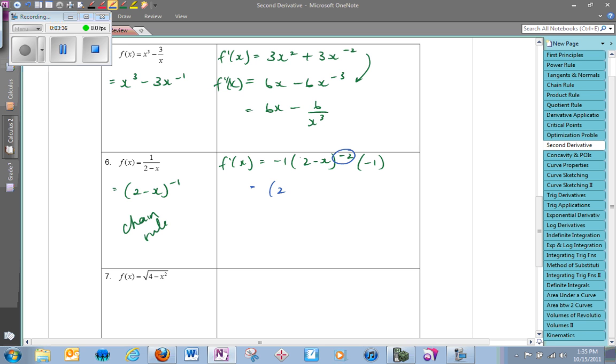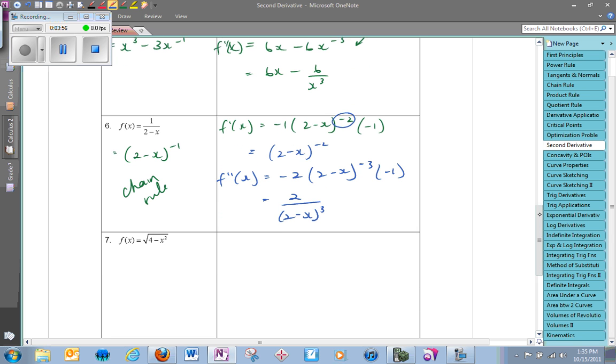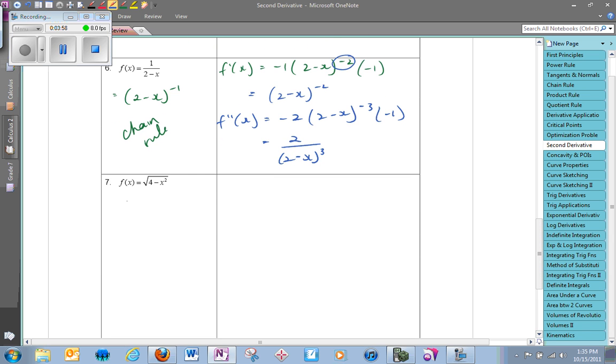This becomes 2 minus x to the minus 2. The second derivative, again, is a chain rule question. Bring down the exponent, bracket to the new exponent, times the derivative of the inside bracket. Rearrange, and you're done.